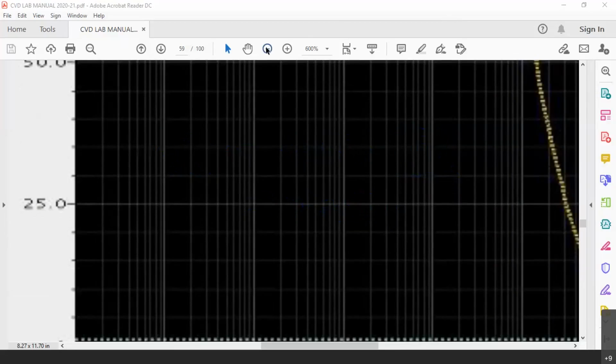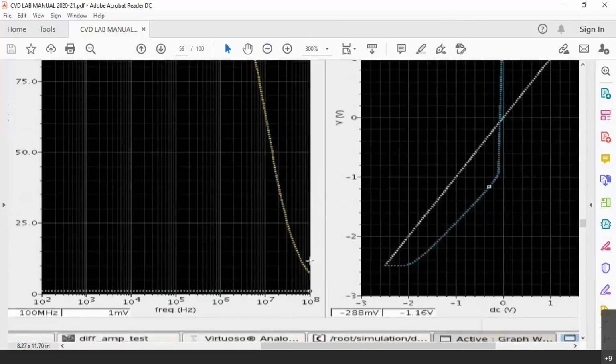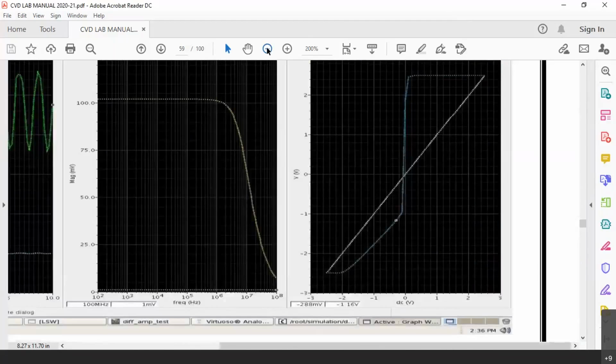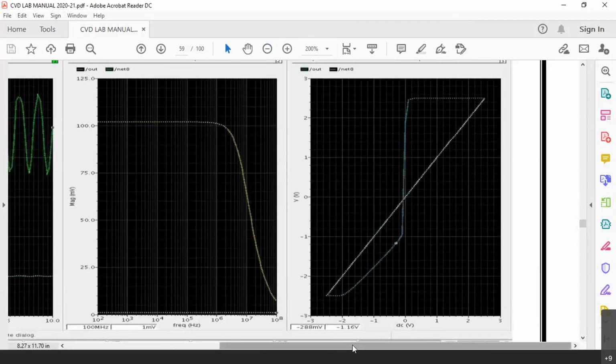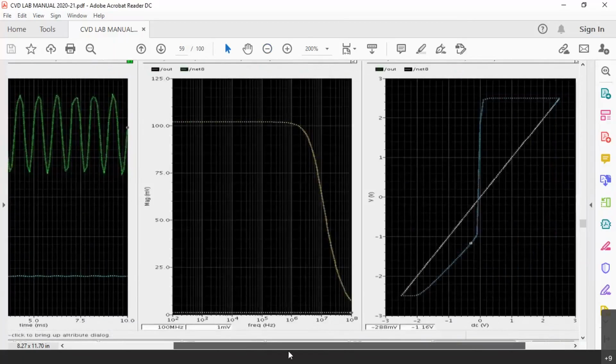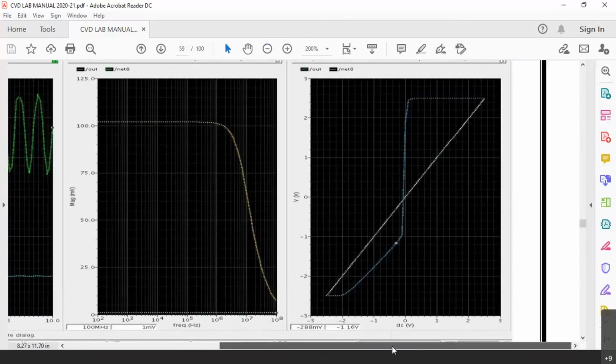Let me zoom out now to show you the other curve called the transfer curve. At the left side you are seeing the transient analysis. In the middle we saw the AC analysis. At the right side you can see the DC analysis.